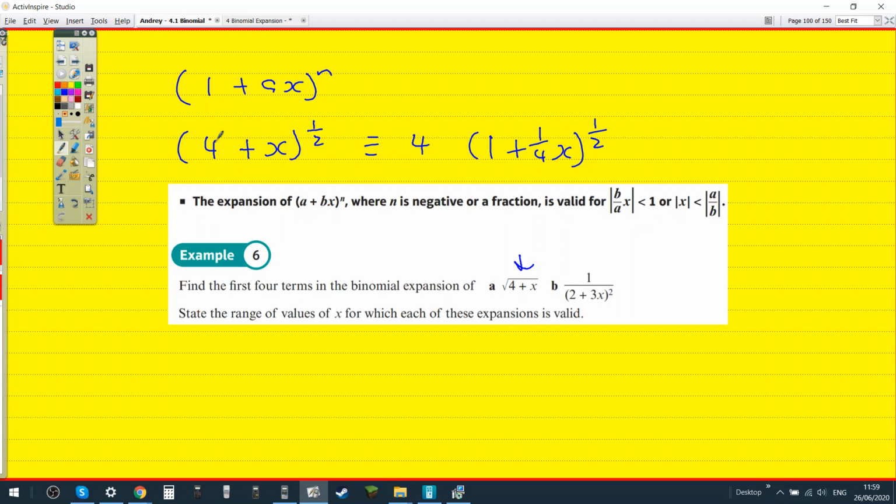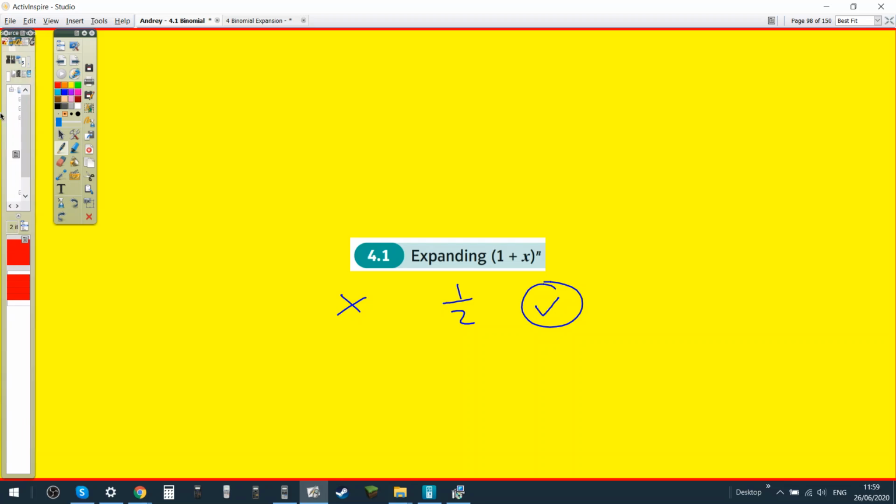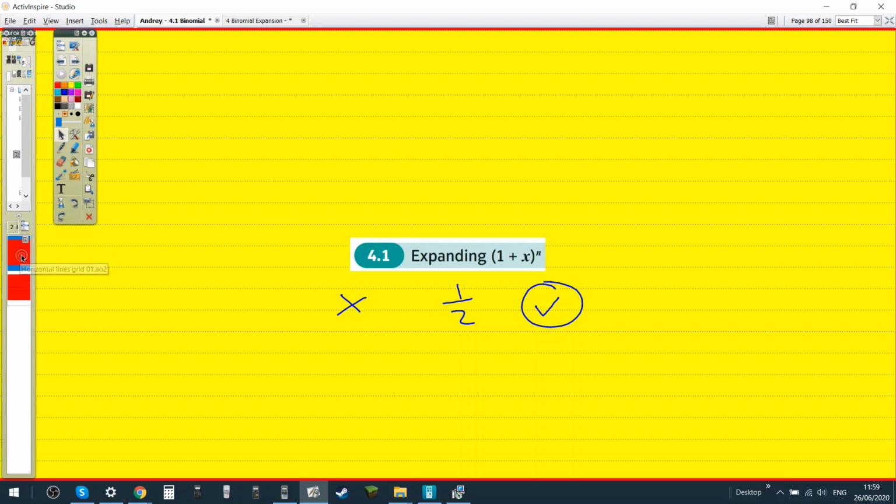But the way you factorize out when it has a power is it's 4 to the half. But then it's exactly the same type of formula, but you're just timesing by the number that's on the outside. Actually, 4 to the half is the same as 2. And so you would do the normal expansion and then times them all by 2 at the end. So there's still more to do, but I think we're through the worst of it, hopefully.